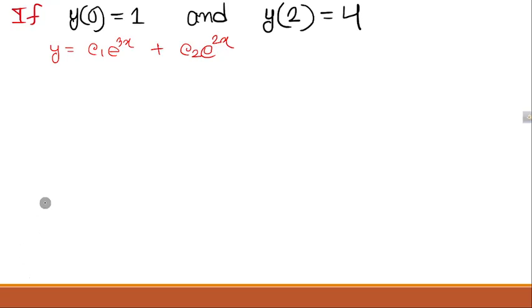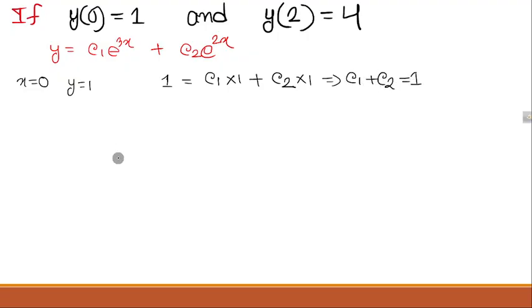Now when x is equal to 0, y is equal to 1. So the value of y is 1, then c1 e to the power 0, and e to the power 0 means 1, right? So I can write here c1 plus c2 is equal to 1. And then if x is equal to 2, y is equal to 4.